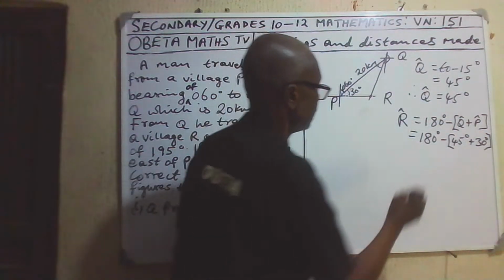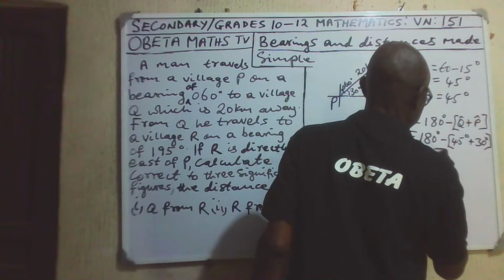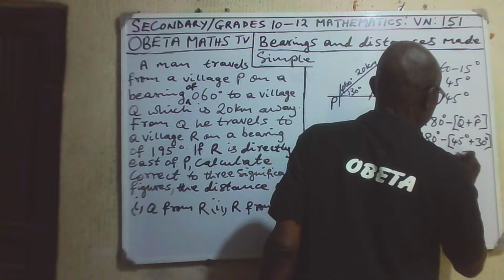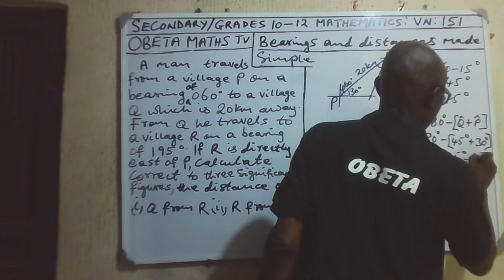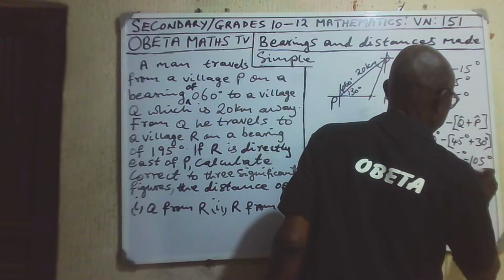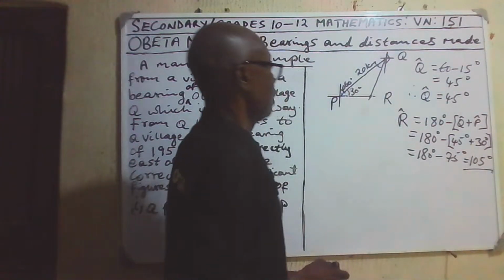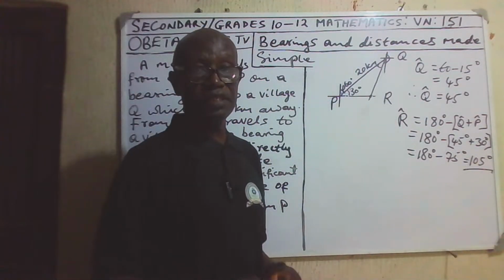That will give you finally 180 degrees minus 75 degrees, which is 105 degrees. Now we can start talking of the distances.